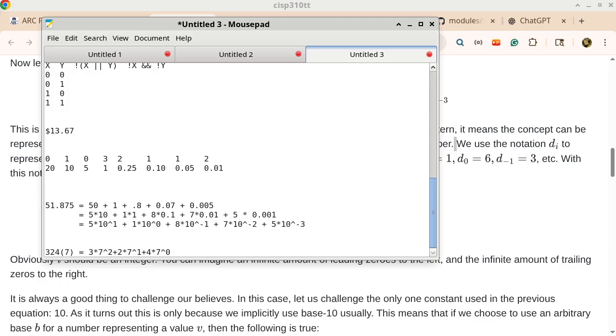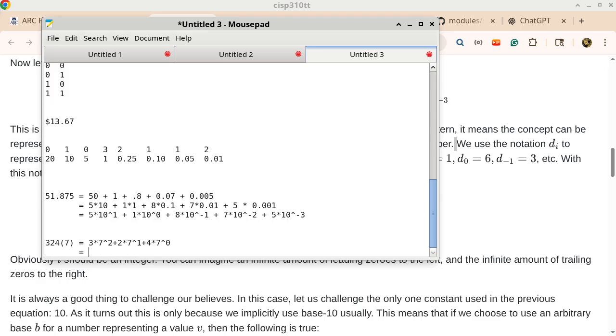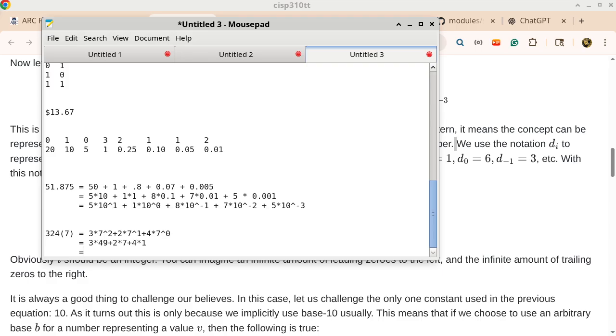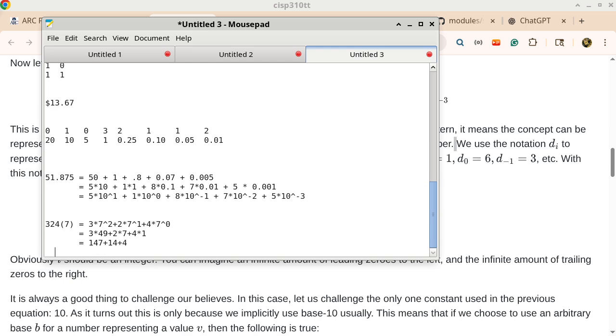Okay, so let's go ahead and actually finish this calculation. So this is 3 times 49, because 7 squared is 49. This is 2 times 7, because 7 to the power of 1 is just 7 itself. And this is really just 4 times 1, because 7 to the power of 0 is 1. So now this is 147 plus 14 plus 4.